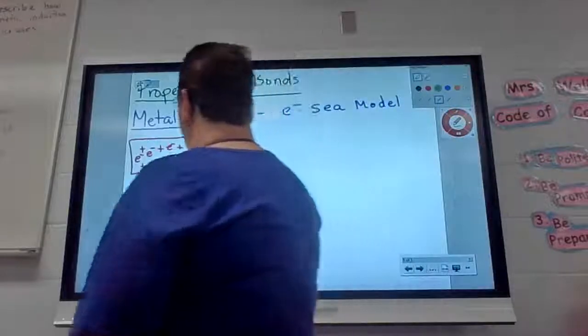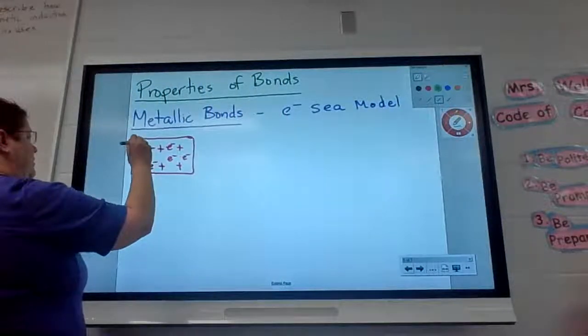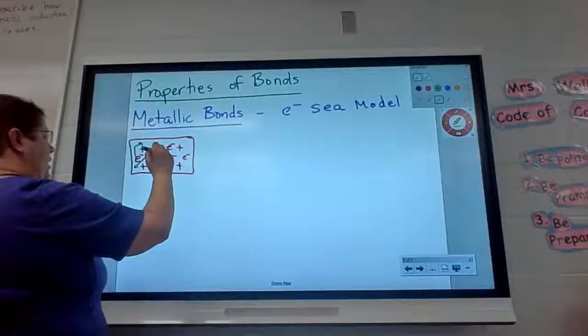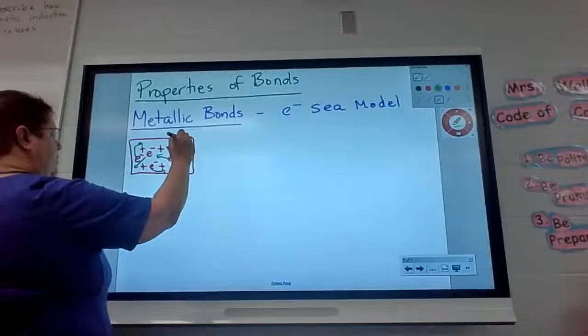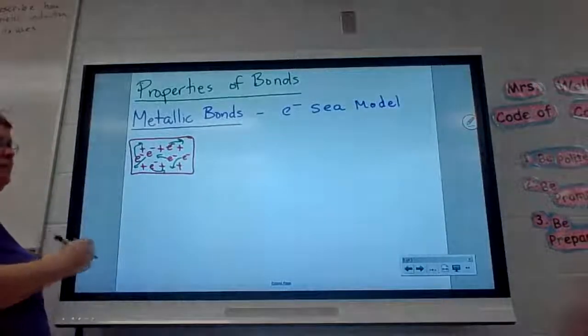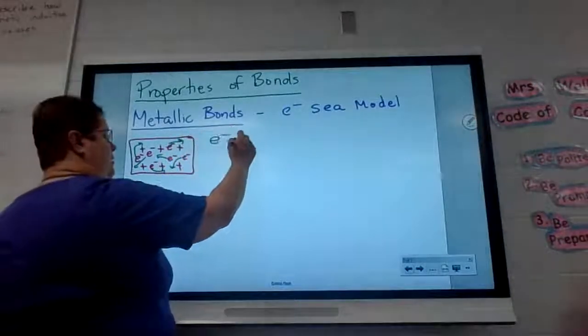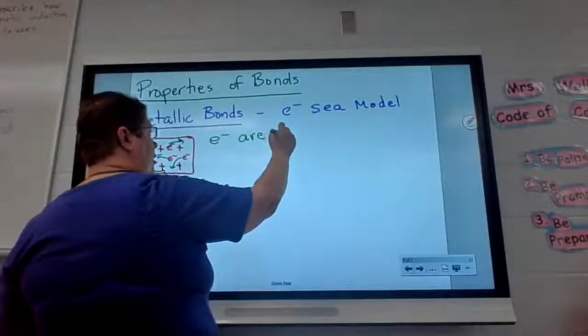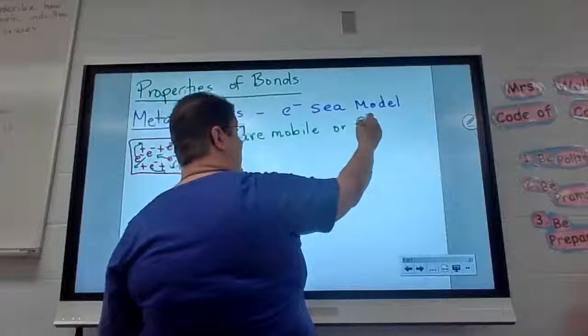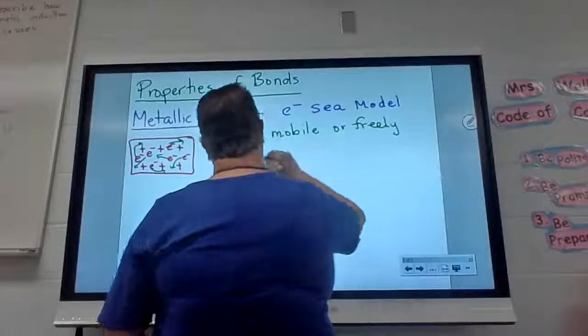And these electrons can move wherever they want to go. The electrons are mobile, or freely moving.